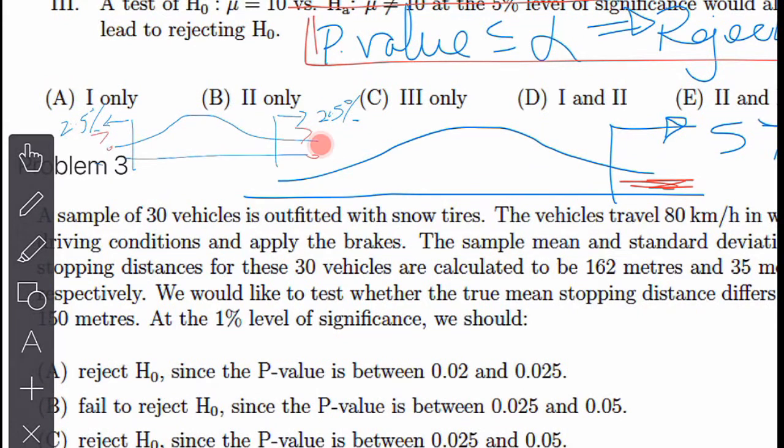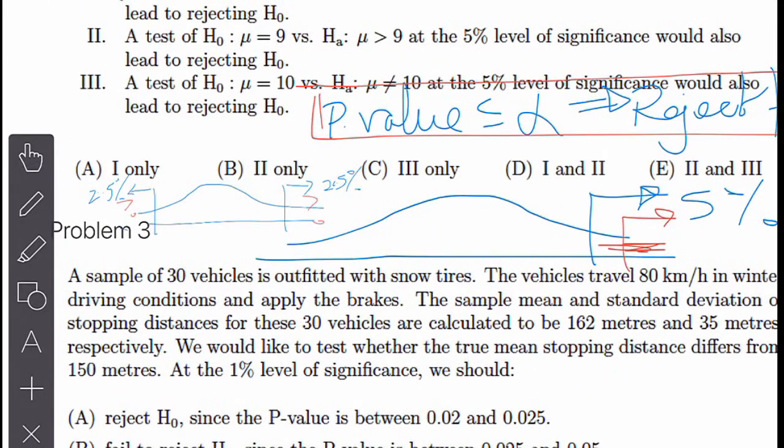This is only 2.5, half, so it would be more strict, and you'd have to be much further away, much more unlikely. So no, 3 is wrong. By process of elimination, the only answer can be the second one, since none of these says none of the above. But let me explain why the second one is correct.